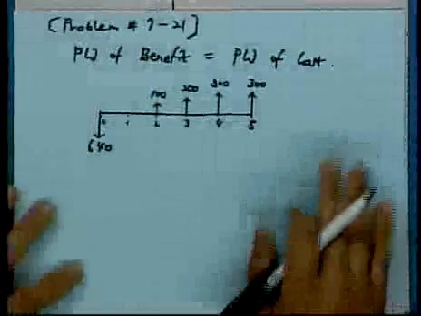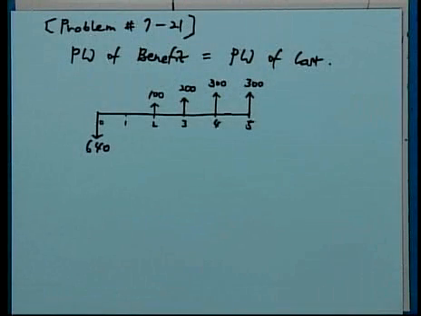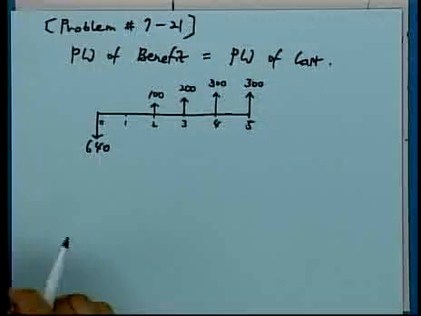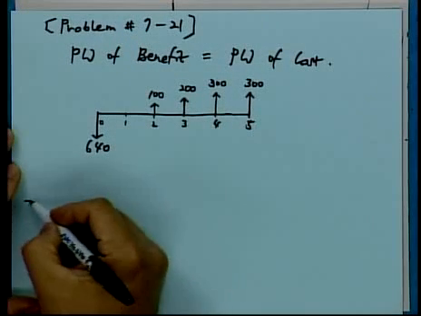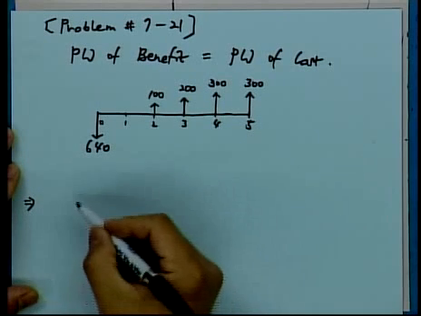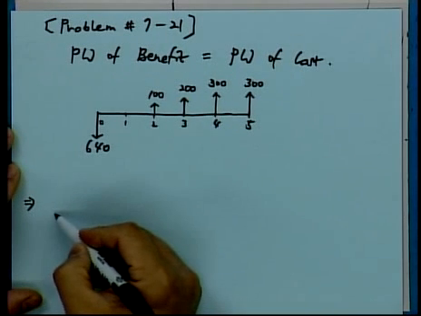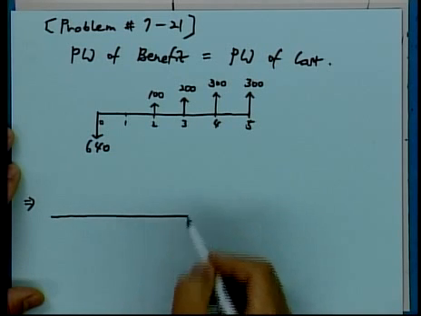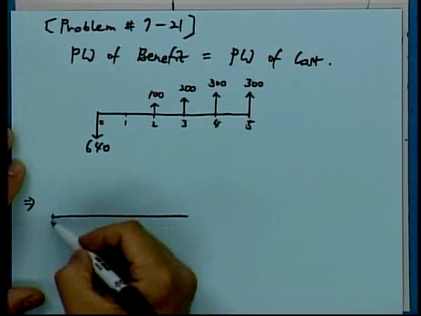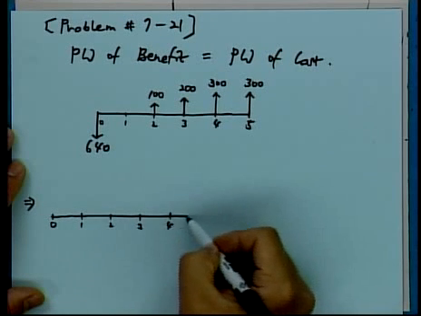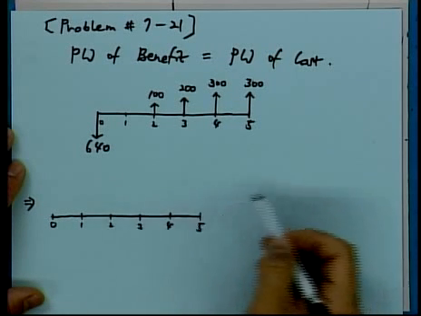So this positive cash flow can be broken into 2 components. One for the arithmetic gradient for the 4 periods, 0, 1, 2, 3, 4, and 5.